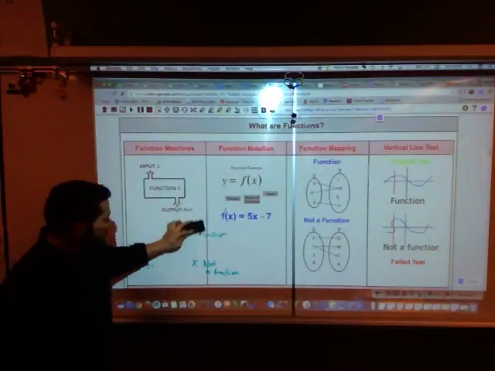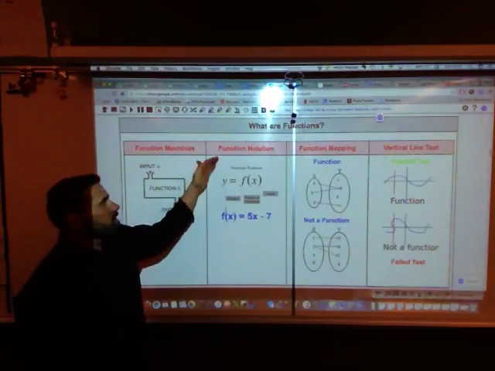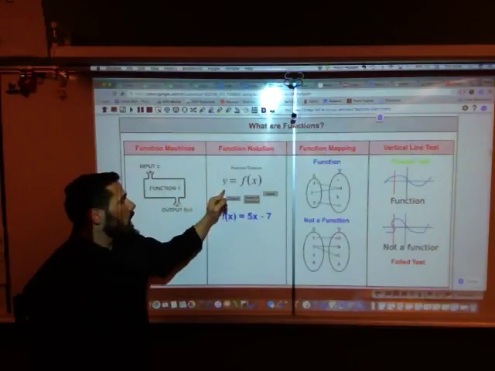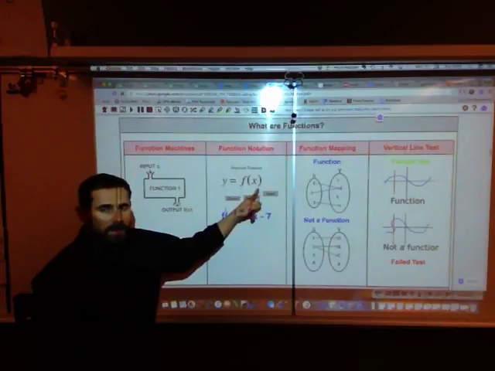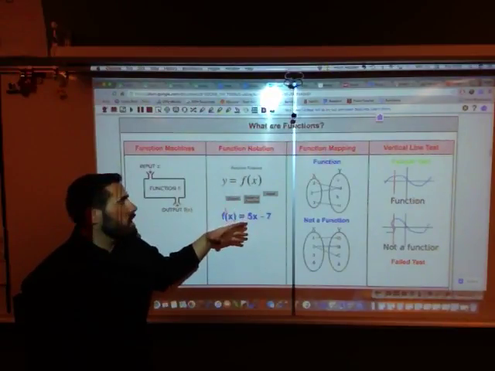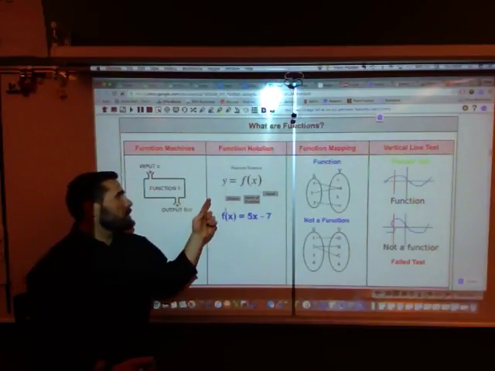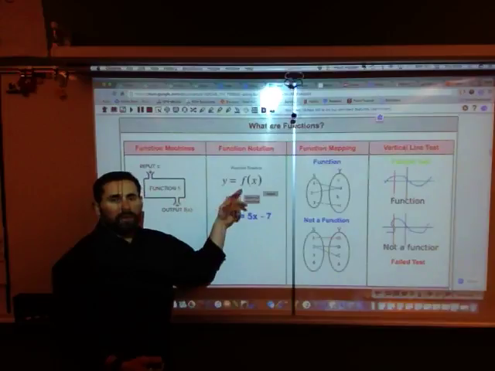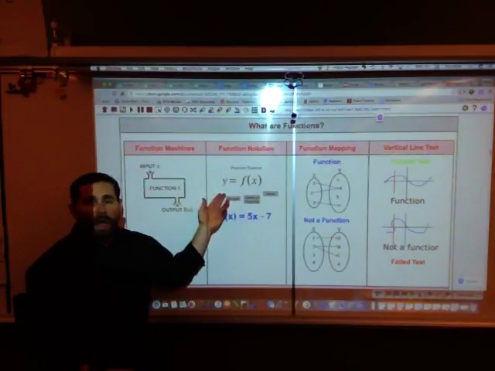Looking here, besides the function machine, we can see function notation, y equals f of x, the function in terms of x as the input. That's just function notation, a way of writing it and communicating it. You'll hear me say y equals f of x, and f of x is just a fancy way of saying y.